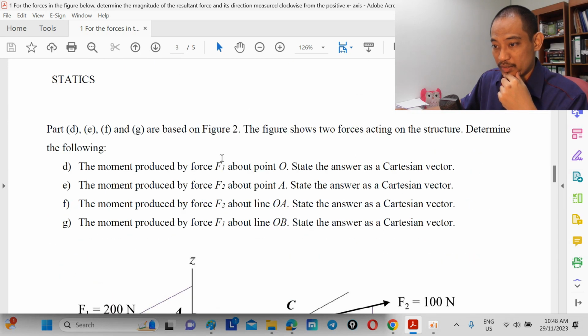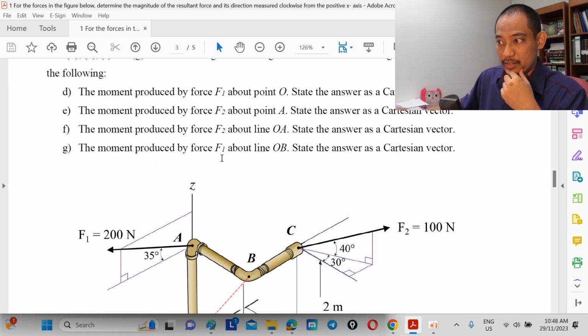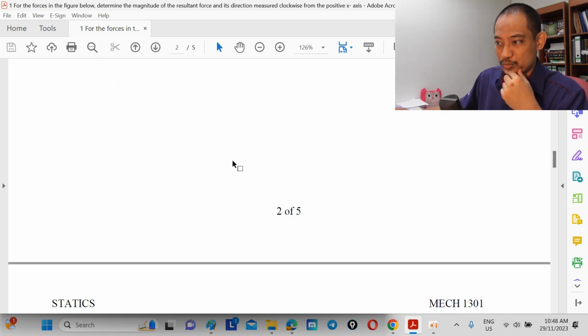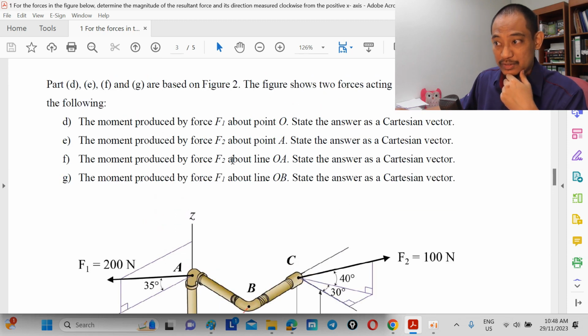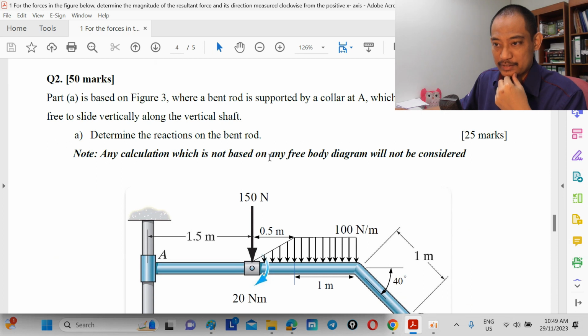And then parts D, E, F, G, we have 3D, with a similar thing. Of course, the difference is this is 2D, this is 3D, but we still have to find the moment about a point as well as the moment about an axis, right? And then question 2, another 50 marks.